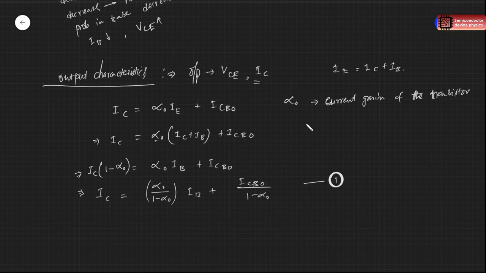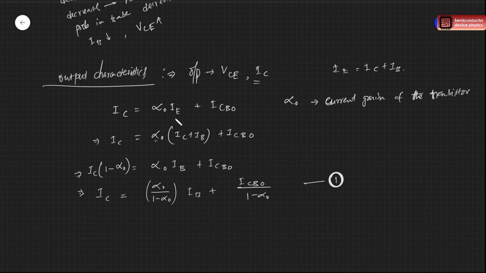Sir, if alpha naught is considered as a current gain, then it is alpha naught of IE. In the previous one we approximated alpha naught as equal to 1. So if you consider it that way, then IC will be so much bigger than IE. Yeah, if you take alpha naught near to 1, then IC is approximately equal to IE.